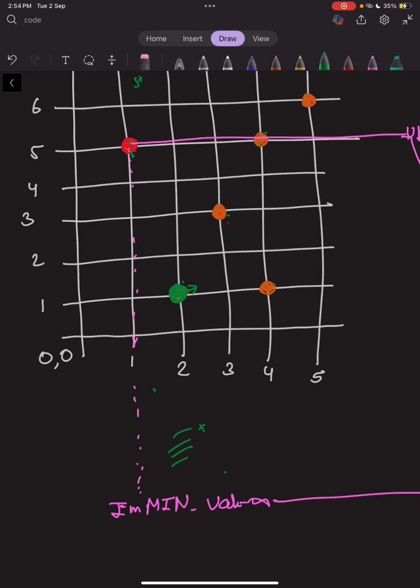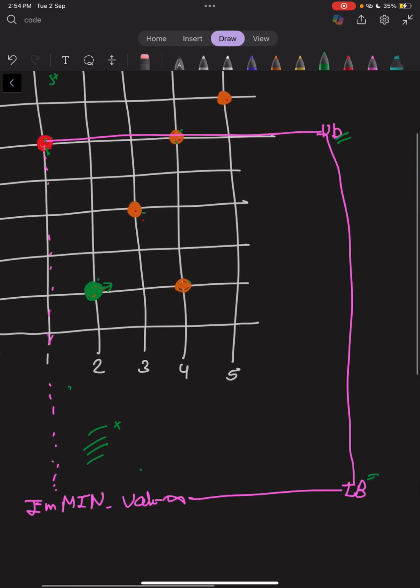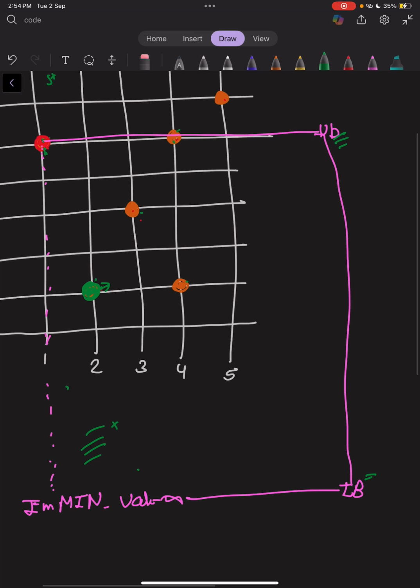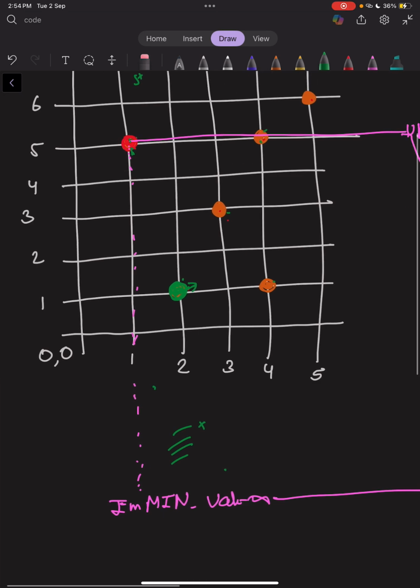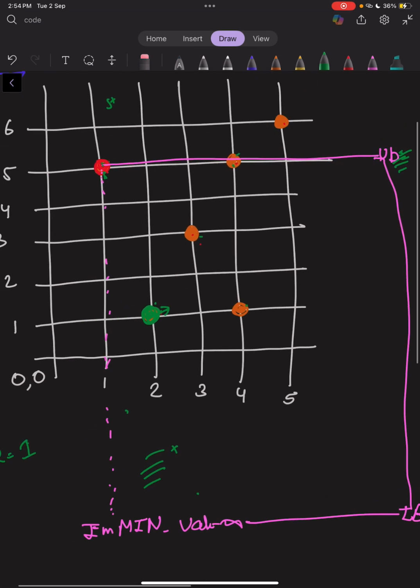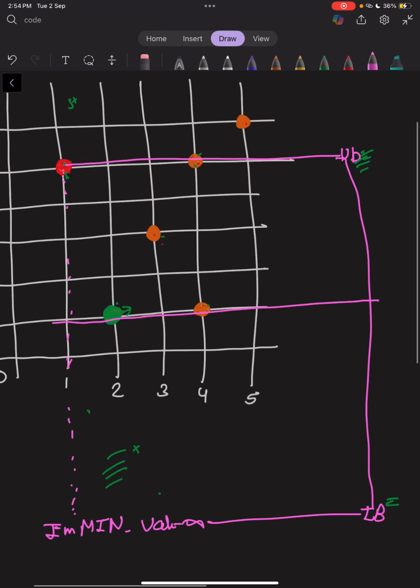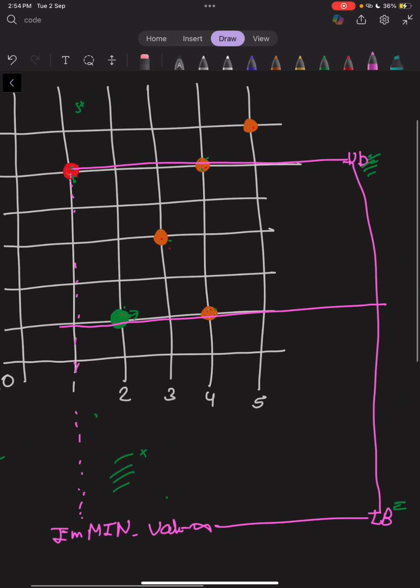Since this is the first one, and it is also satisfying the condition, this is making a valid rectangle. So our result so far will be 1. Now after this we need to decrease our bounds, because why, right?